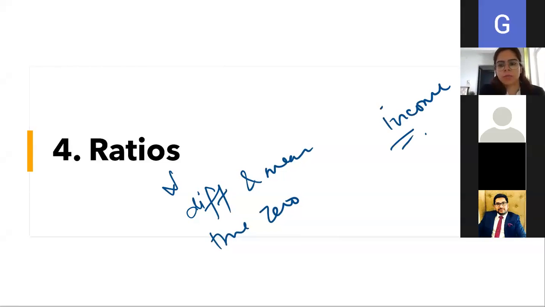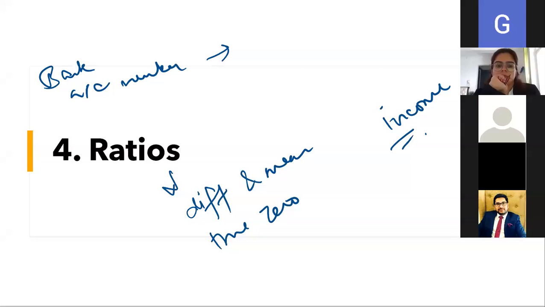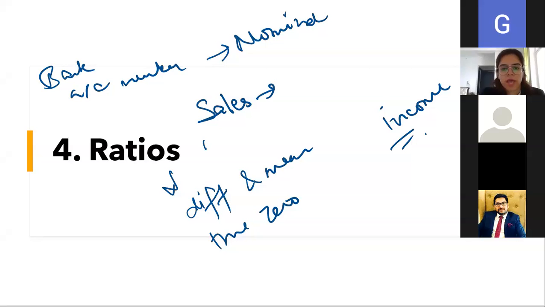Say I ask about your bank account number, which scale will it fall under? Nominal. Yes, nominal. And if I say sales figures or ad spend, in rupees?